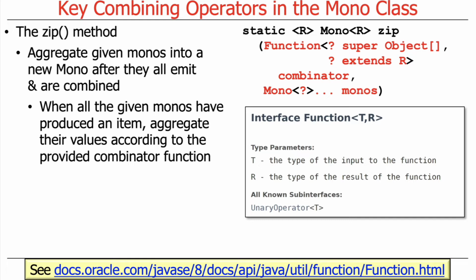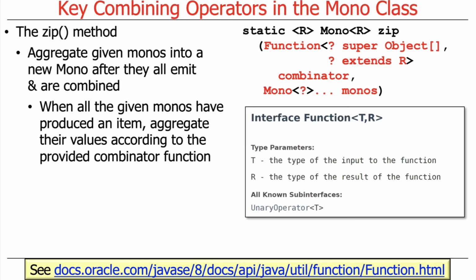And it's going to basically wait for all of those things to finish, and then it's going to go ahead and apply this combinator function. And this combinator function is completely insanely weird. It takes an array of objects and then something that extends the type R. So you'll see what this thing is when we get a little further along. It's just too weird to even begin to explain. But I'll show you an example that illustrates how it works.